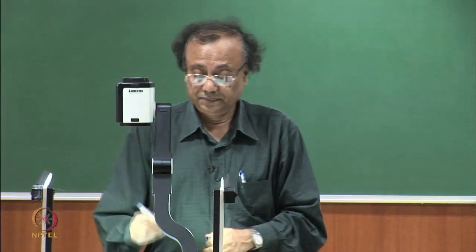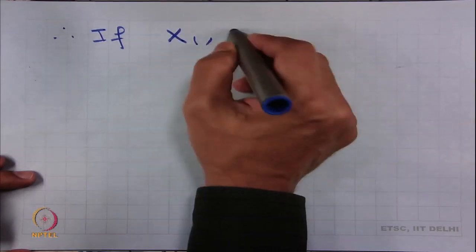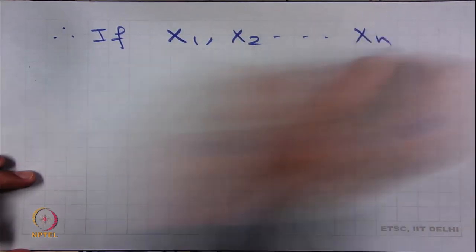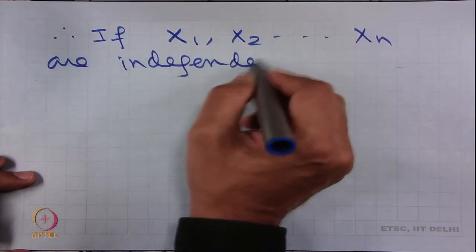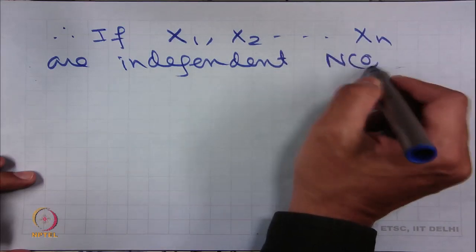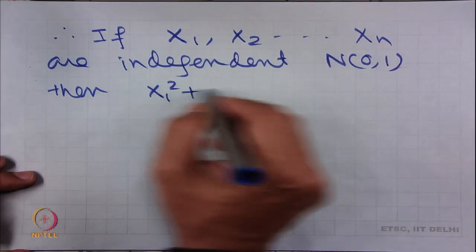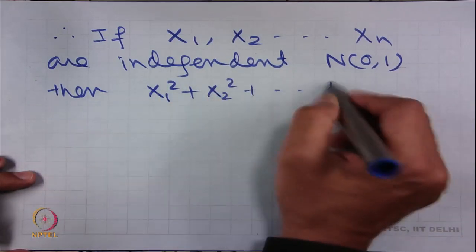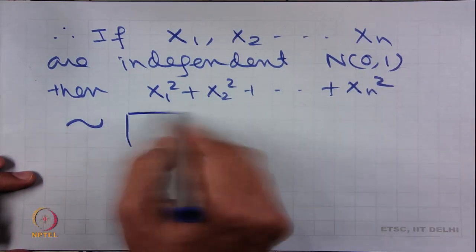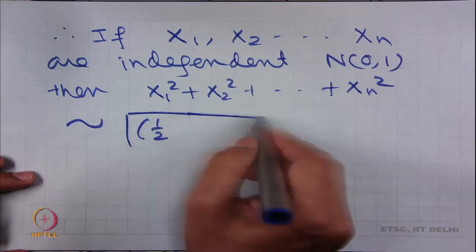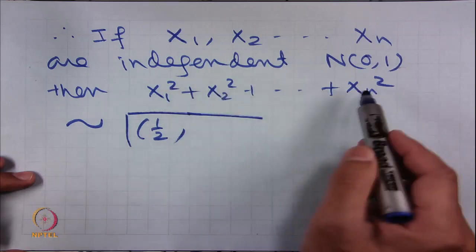In fact, if x 1, x 2, ..., x n are independent normal 0 1, then x 1 square plus x 2 square plus ... plus x n square will be gamma with half, and the second parameter, it is half for each one of them.